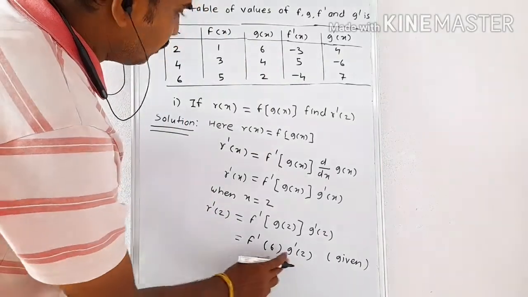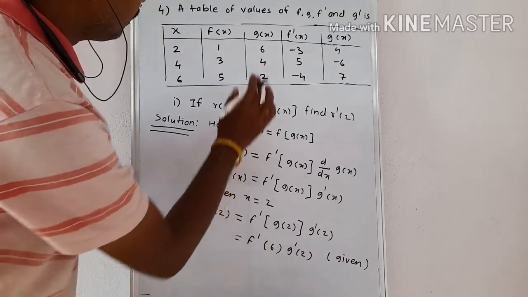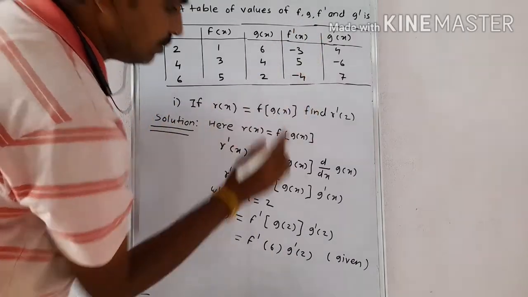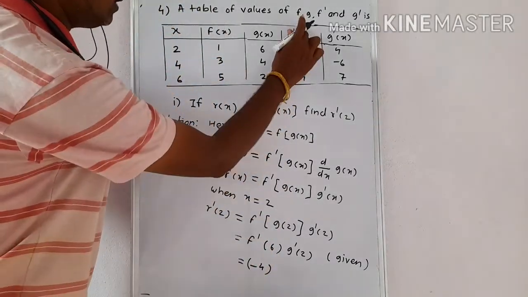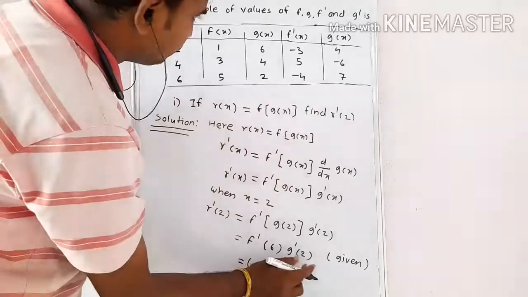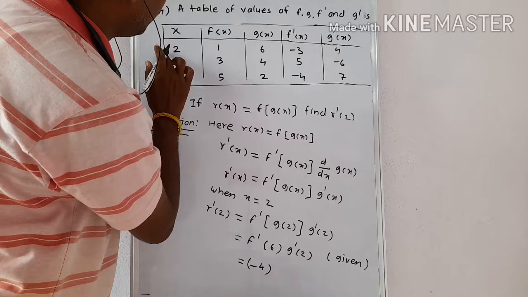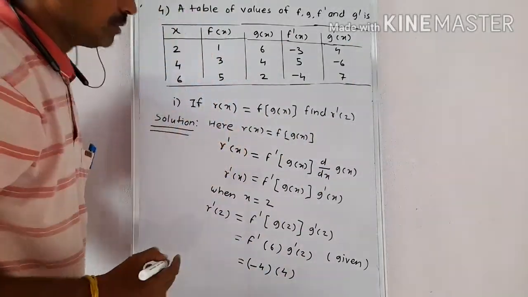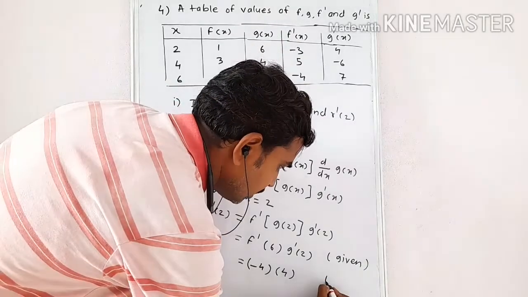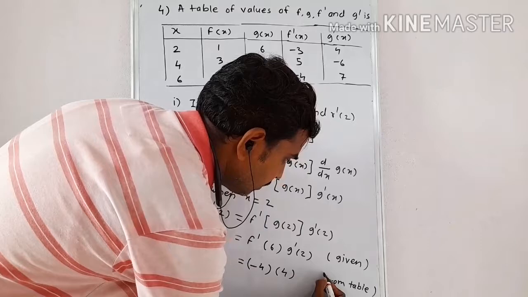Now in the next step, we have to calculate f dash of 6. What is the value of f dash of 6? Value of f dash of 6 is minus 4 here from table. And value of g dash of 2 is 4, given from table.